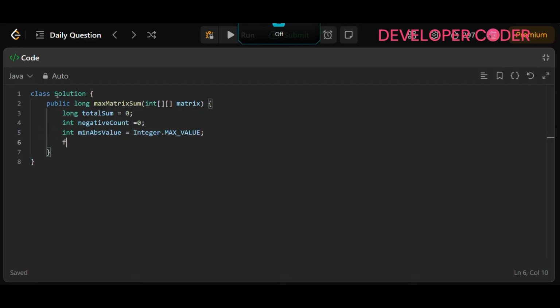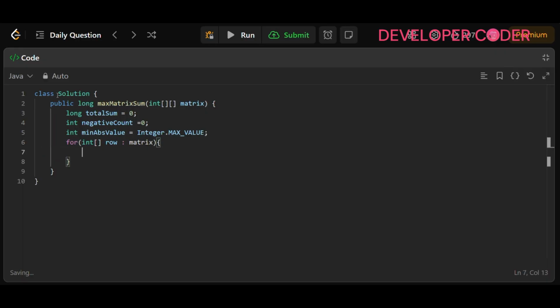Now iterate over all the rows in my matrix one by one, and then iterate over all the numbers in my particular row. Now I'm going to calculate the total sum. Total sum is equal to total sum plus Math.abs of num.